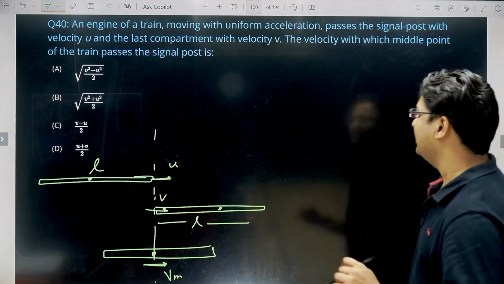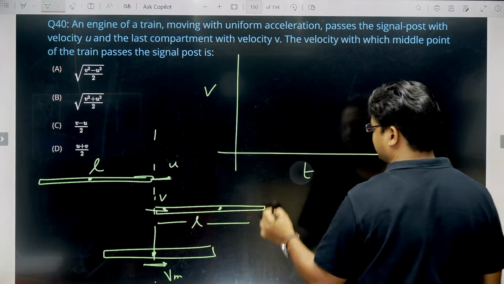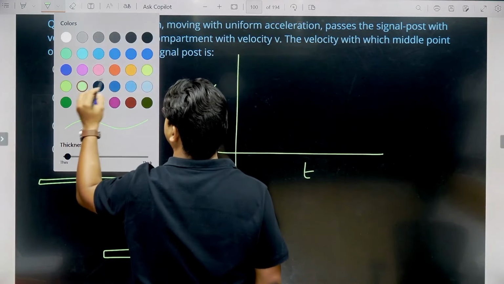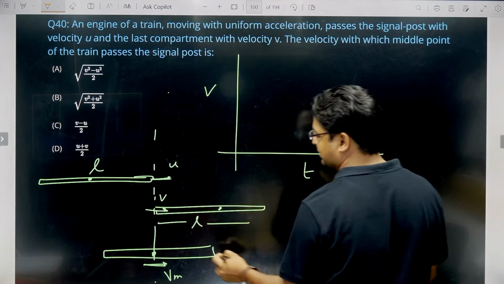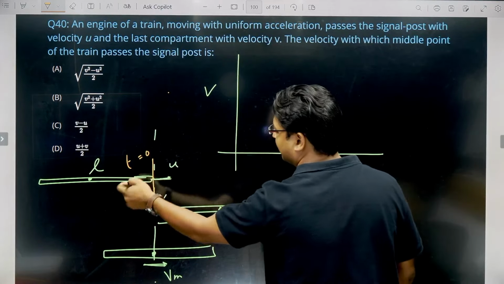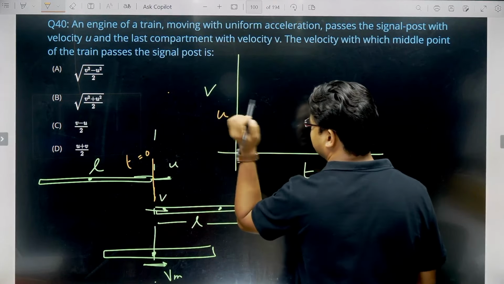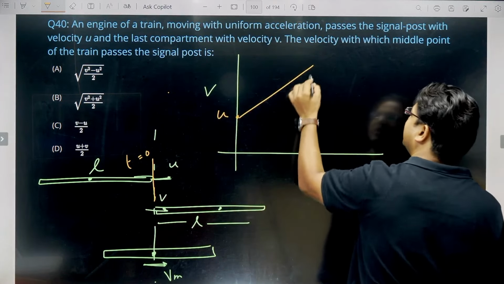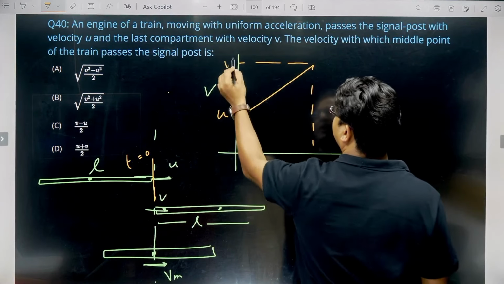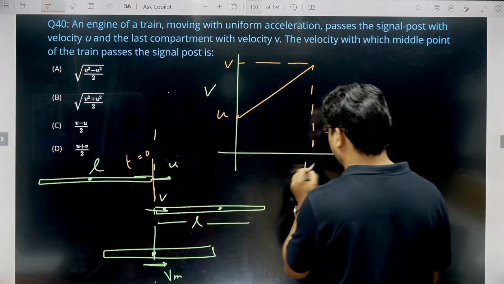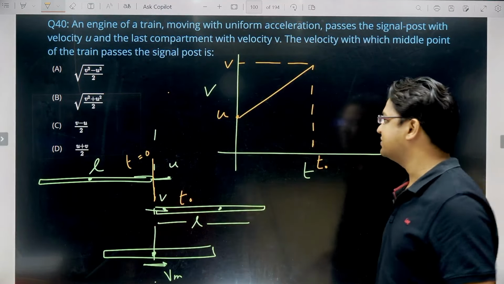Okay, let's draw a V-t diagram to understand what happened. So this is V, this is T. Consider T equal to 0 as the instant when the front of the train crossed the signal post. At that point in time, the speed of the engine was u, and it was increasing. It became v after some time, I don't know that time, let's say T0, when the entire train has passed.